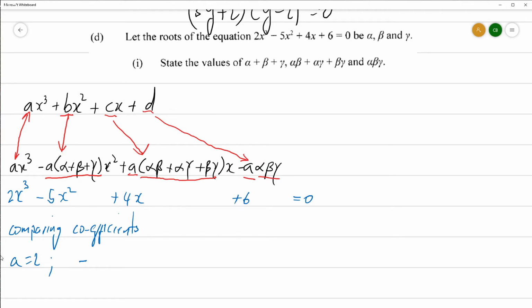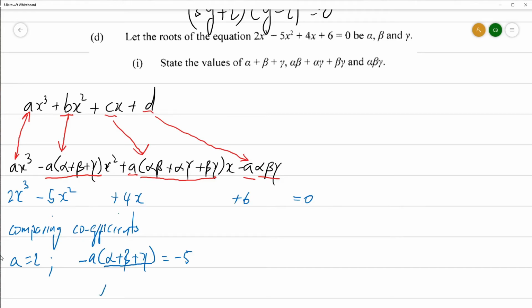And then we have minus a times alpha plus beta plus gamma, which is equal to minus 5. We are asked to find alpha plus beta plus gamma, so they just want the three as a sum, not individually.